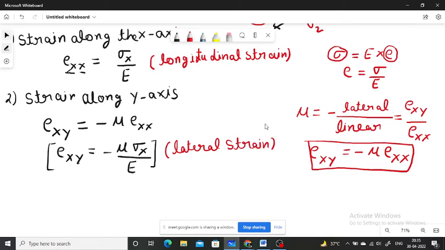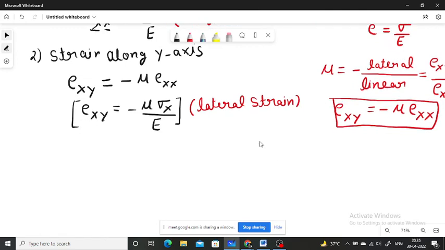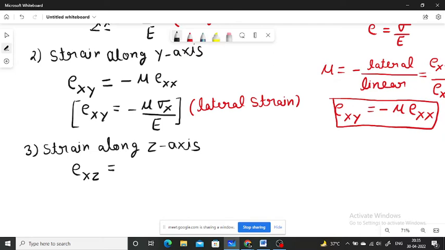Okay, now similarly the strain along z axis due to the stress sigma x will be Exz is equal to minus mu Exx.